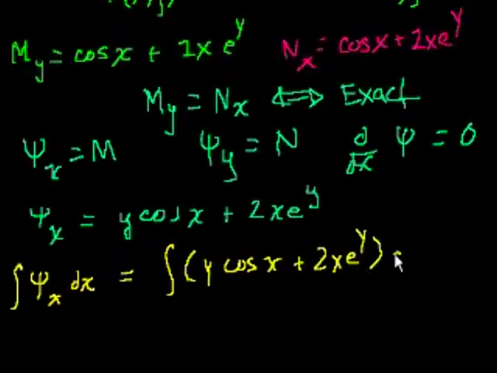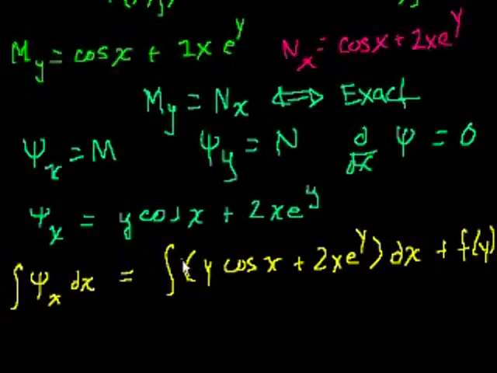We're integrating with respect to x. And normally when you integrate with respect to x, you'd say, okay, plus c, right? But it actually could be a function of y. Since this was a partial with respect to x, we could have had some function of y here in general, because y we treated as a constant, right?